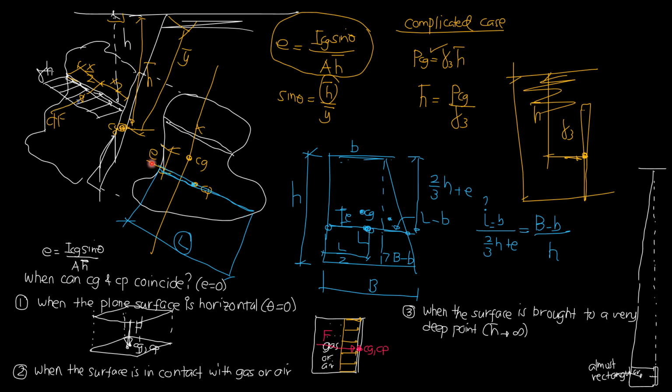So, for instance, if the upper base of the trapezoidal plane surface is small b, the bottom base is capital B, and the height is h, then the location of the centroid of this triangular part is equal to 2/3 of h, because the centroid of the triangle is 2/3 of h from the vertex, plus e.